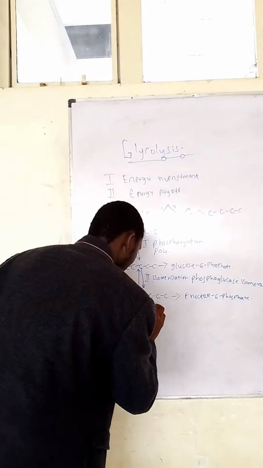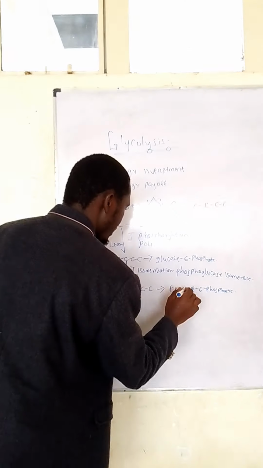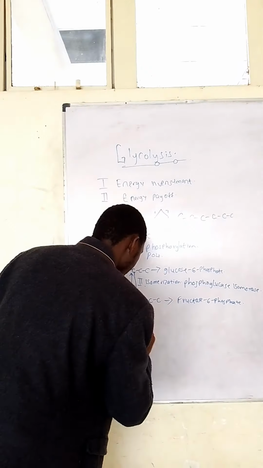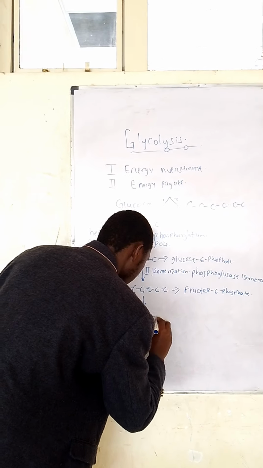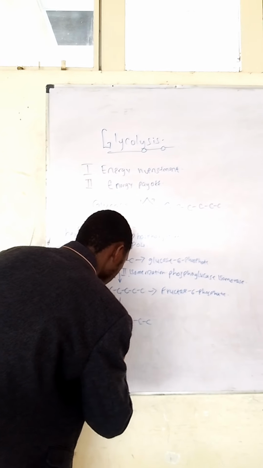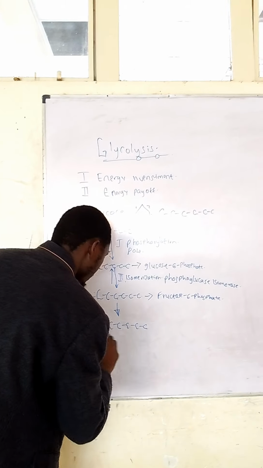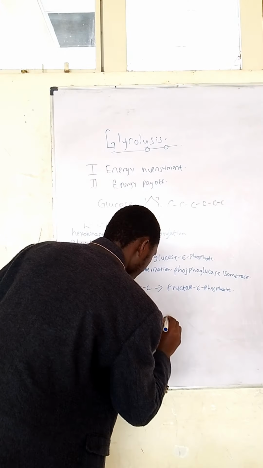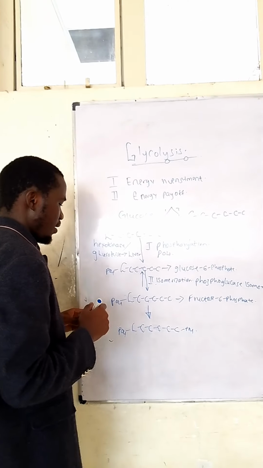So the third step, a phosphate is added to carbon number 1.